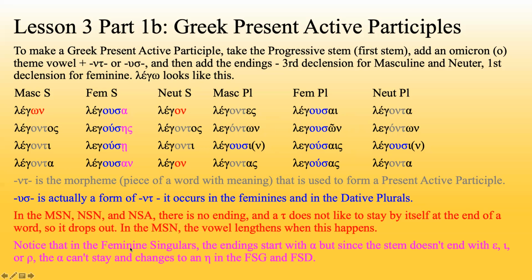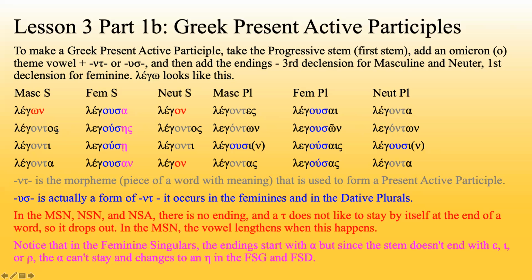Now notice that in the feminine singulars, the ending starts with alpha, but since this stem does not end in epsilon, iota, or rho, it has to switch into the etas and then come back to the alpha. Remember the rule: in words whose stems end in epsilon, iota, or rho, the alpha goes all the way through. This one doesn't, so the alpha does not go all the way through.